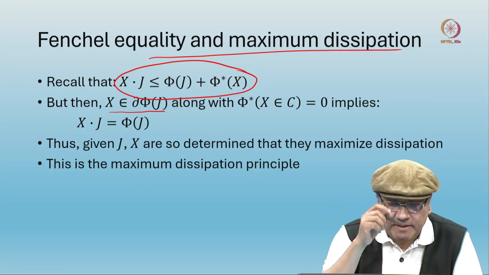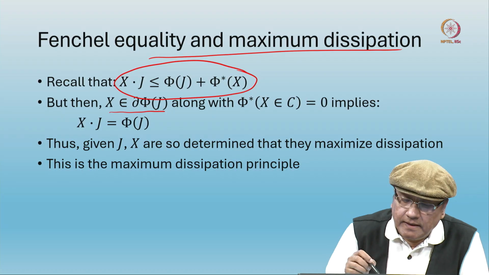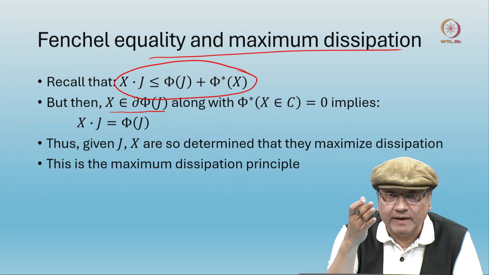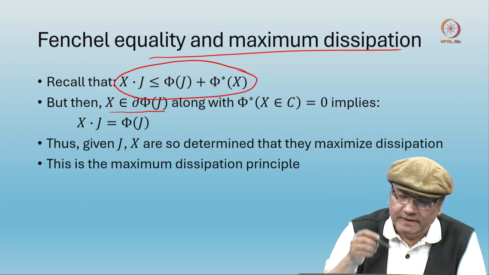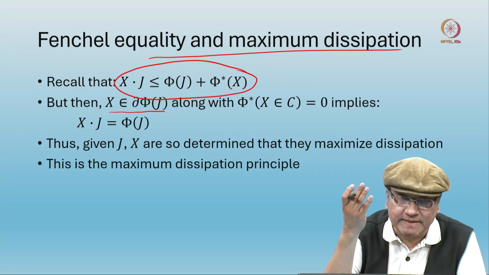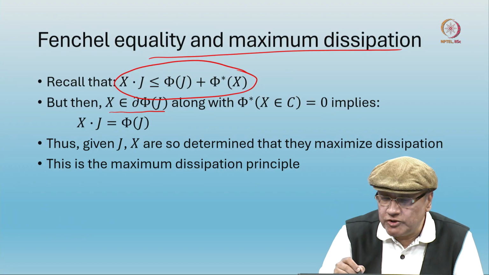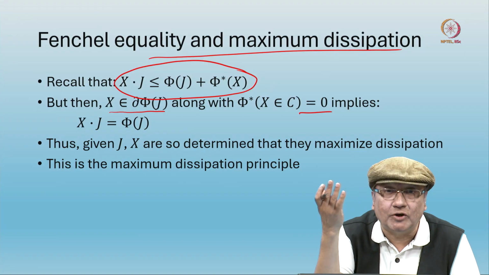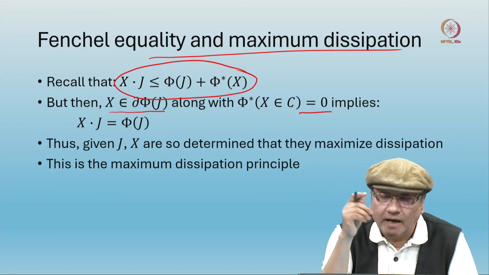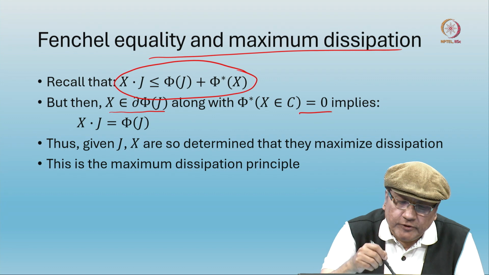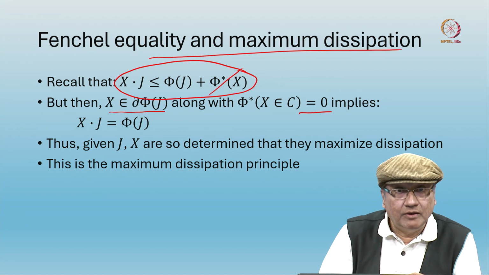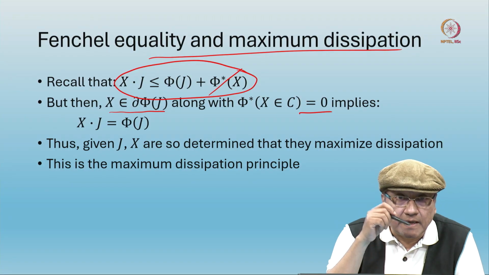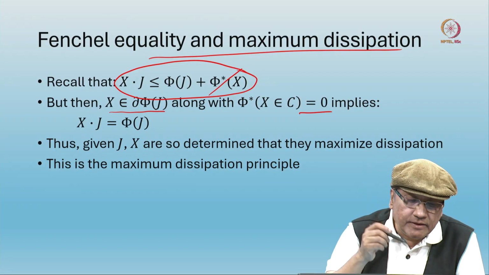Now, when it becomes equal, then for all phi star for which we are having a finite number, that means for phi star x belonging to C, which is actually equal to 0 only, because the other possibility is not a number at all, it is infinity, outside C. So, therefore, this term goes off.